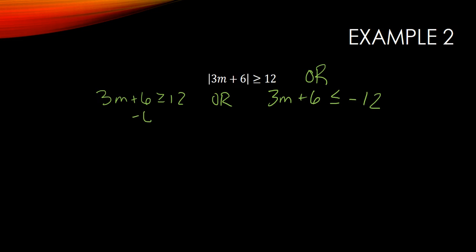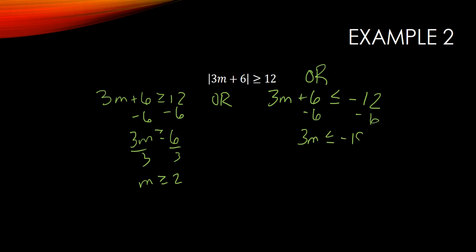So we're going to solve both of these. So subtracting 6 from both sides, we get 3m is greater than or equal to 6, divided by 3, m is greater than or equal to 2. Solving the other one, again subtracting 6, 3m is less than or equal to negative 18, divided by 3, m is less than or equal to negative 6.